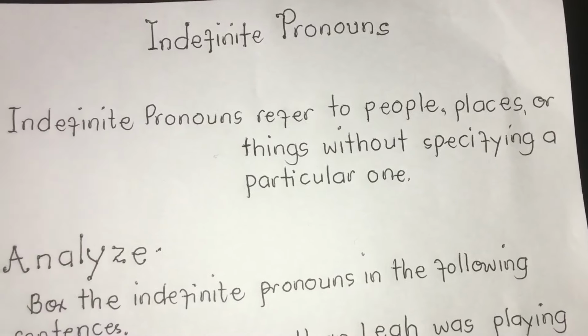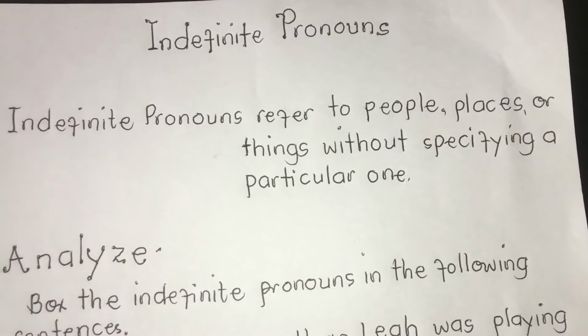Remember, indefinite pronouns refer to people, places, or things, but without specifying a particular one. So the indefinite pronoun in the first sentence is the one we're going to box: another. That is our indefinite pronoun.